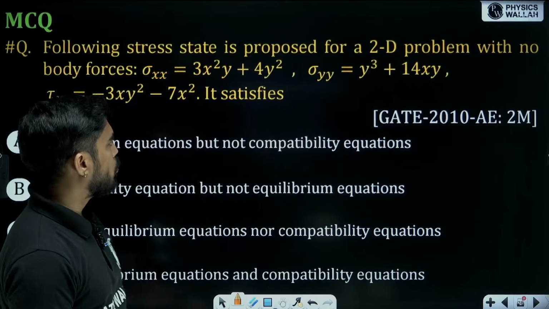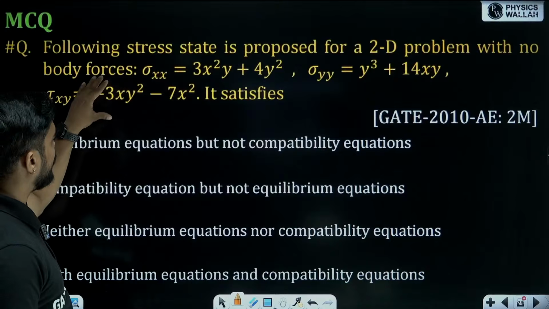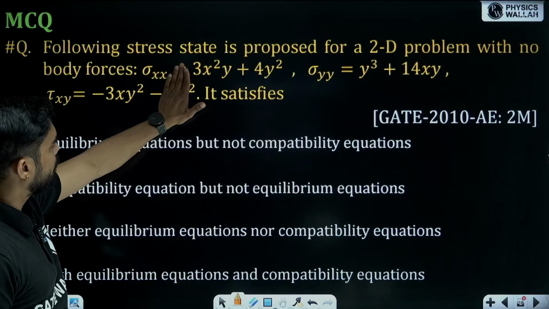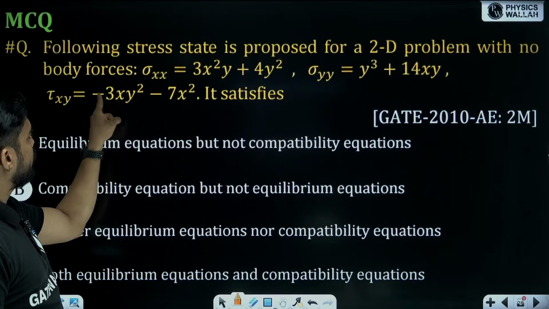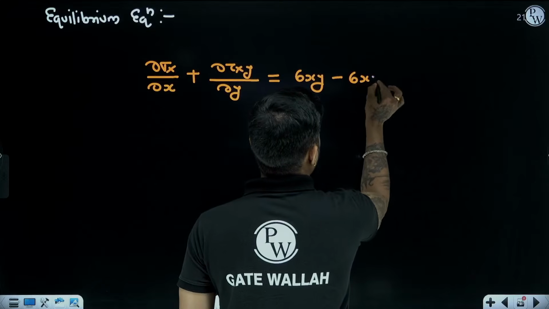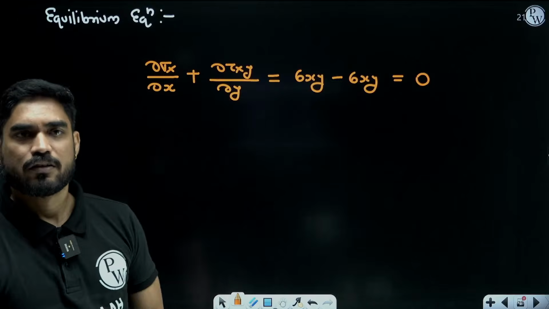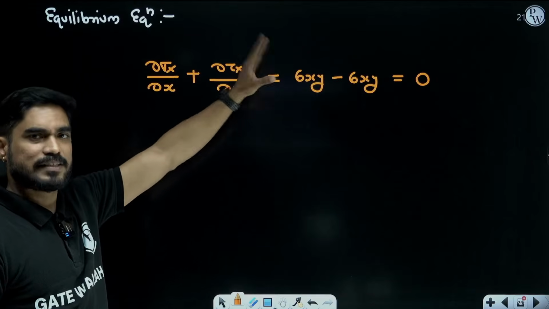Then dou tau xy by dou y. If you differentiate it with respect to y one time, this one will become 0 and this one will become minus 6xy. And it is 0. So the first equilibrium equation is satisfied.